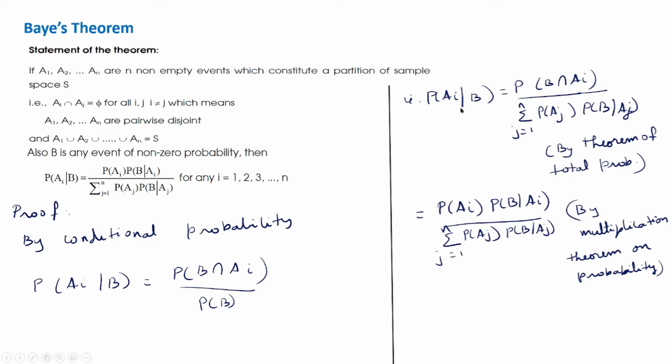So we have probability of Ai given B, it is probability of Ai into probability of B given Ai upon summation probability of Aj into probability of B given Aj. So this is Bayes theorem. How this theorem will be applied, we will understand from the solution of the exercise questions.